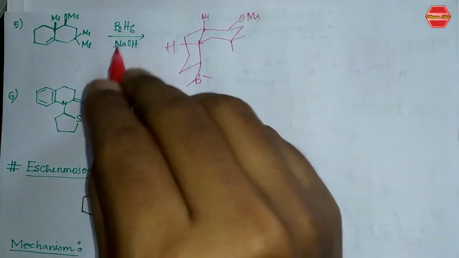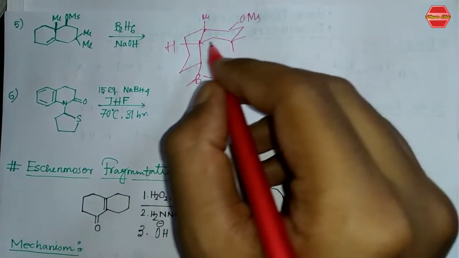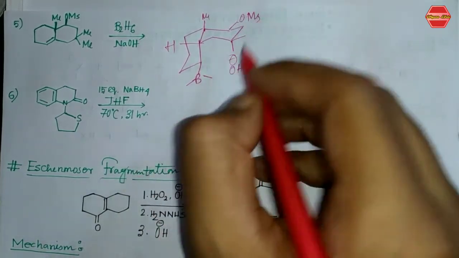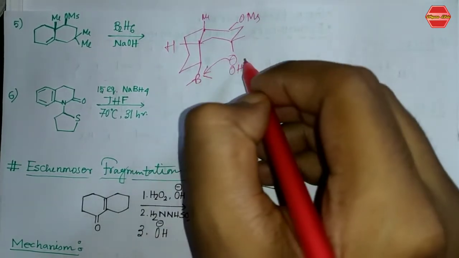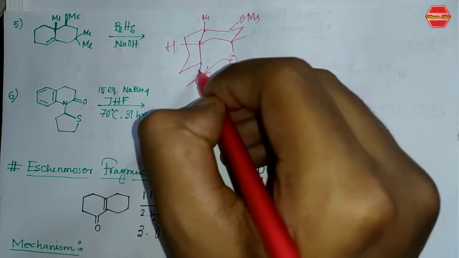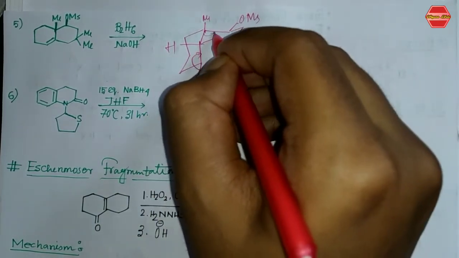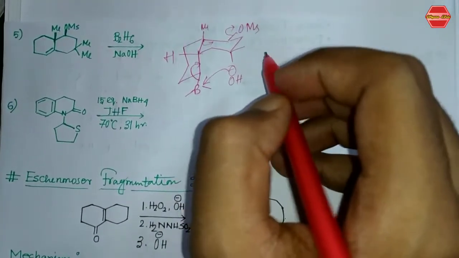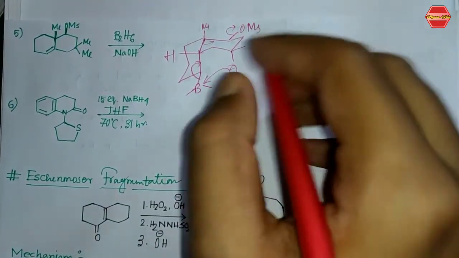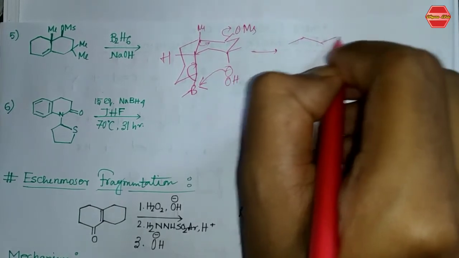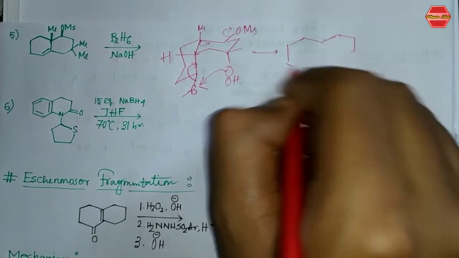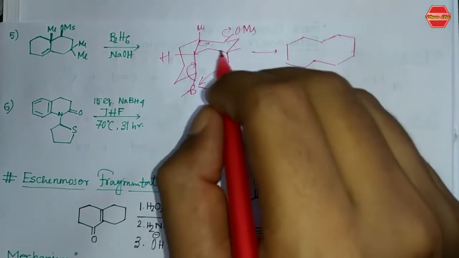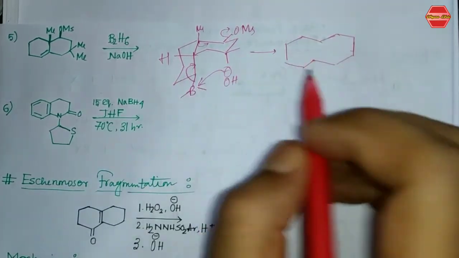Now when we are using the base, that is how this fragmentation takes place. See the mechanism. This OH directly attacks the boron center. It will go over here, and it will go here, and this OMs will leave from the system. So that is how this fragmentation takes place. So this is a very good question, and a question may come from this type of question, right?